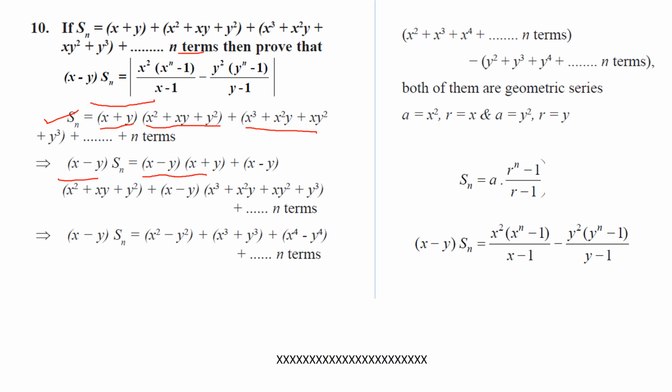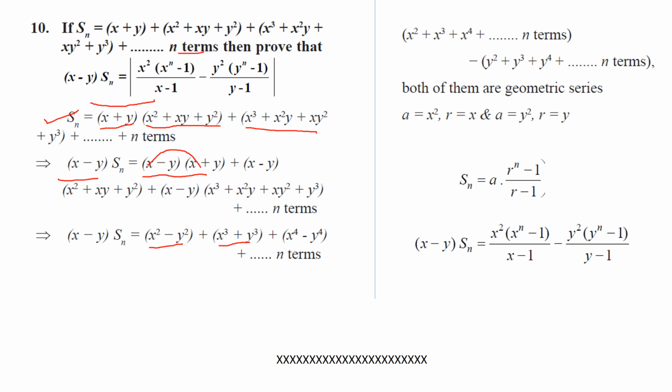n terms. Next, this is the algebraic formula (a plus b) into (a minus b) is a squared minus b squared, here x squared minus y squared. Next also one formula: (a minus b) into (a squared plus ab plus b squared) is a cube minus b cube, here x cube minus y cube.